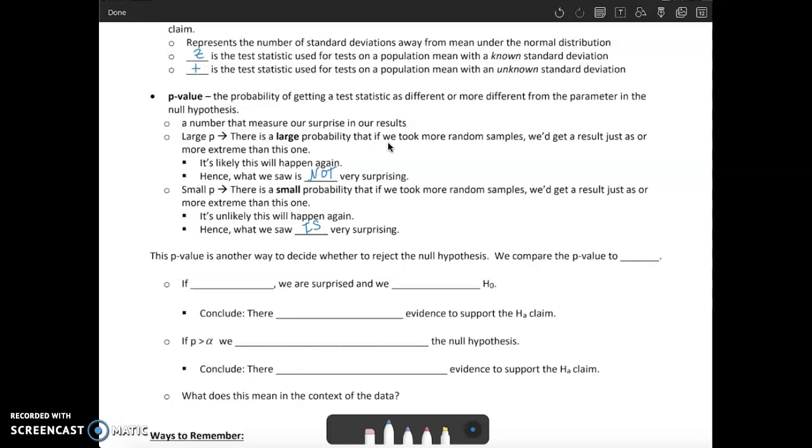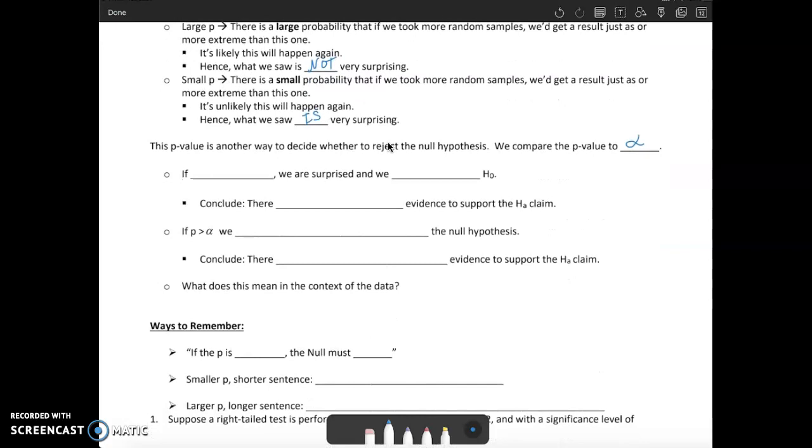The p-value is another way to decide whether to reject the null hypothesis or not. You compare this p-value to the alpha that has been set. If p is less than alpha, you are surprised and you reject the null hypothesis.